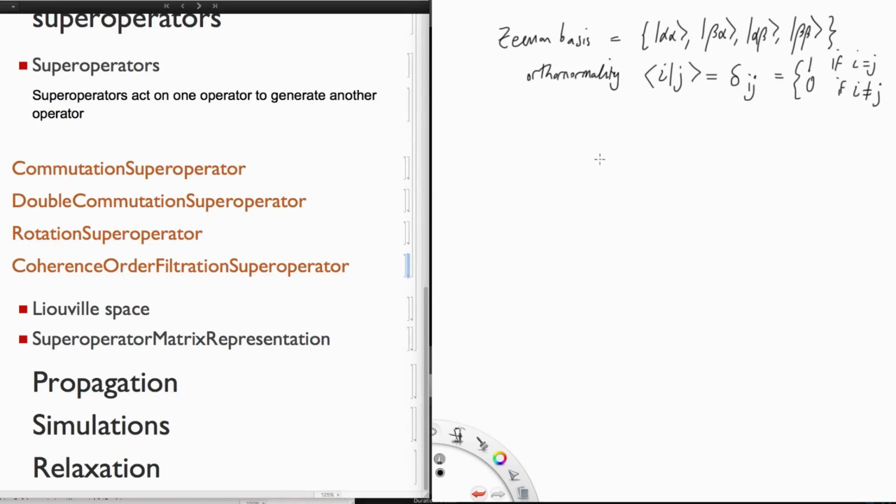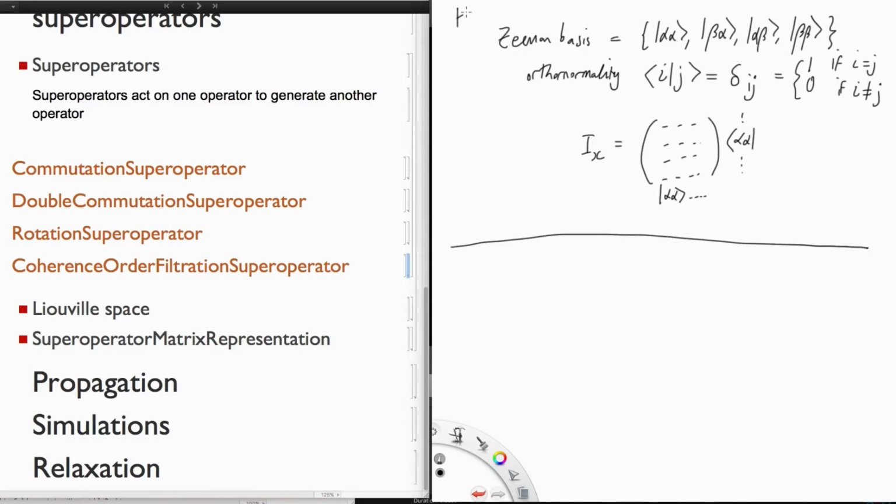And then we could represent an operator, for example Ix, as a matrix in this basis, with columns given by the basis kets and rows given by the basis bras. Okay. So that's what's called technically Hilbert space.